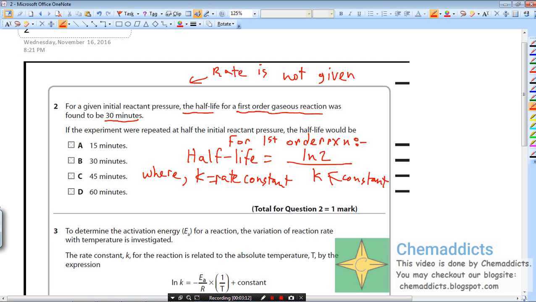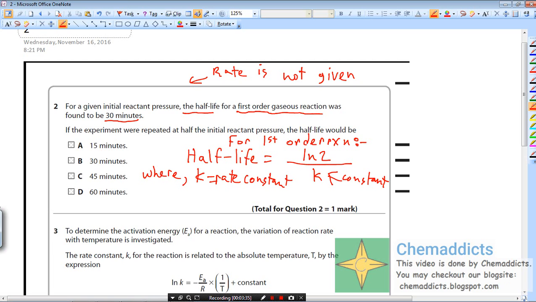Since this is constant, the half-life would be constant. So if the experiment were repeated at half the initial reactant pressure, the half-life would be... we can see here that half-life is independent. It is completely independent.